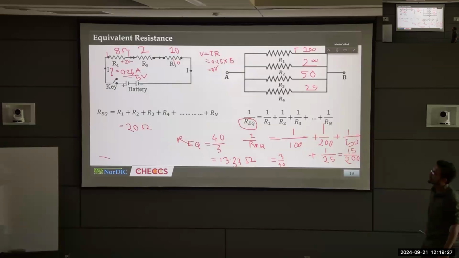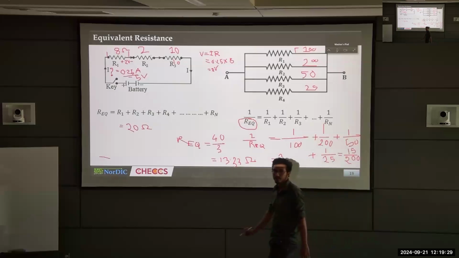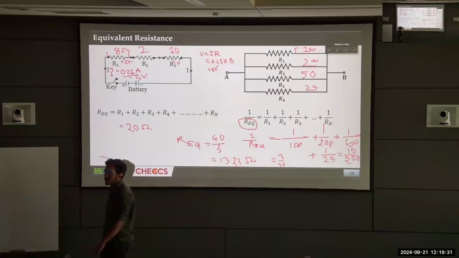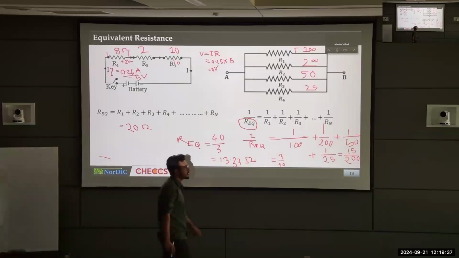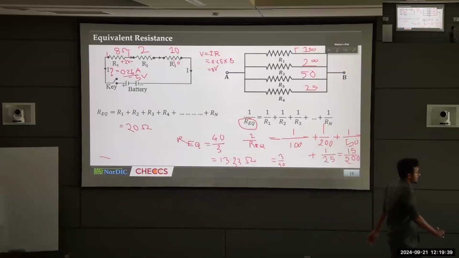Now, in the same way, who can tell me what is the voltage difference across the second resistor, which is 2 ohms? 0.5 volt, excellent. This will be 0.5 volt. And what is the voltage difference in the third one? 2.5 volts. Excellent.